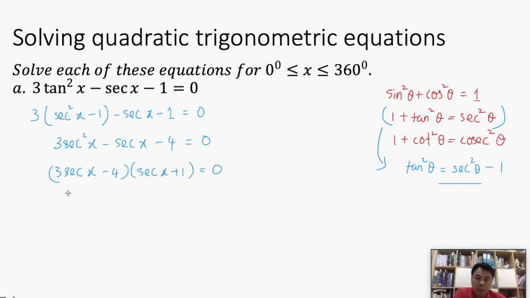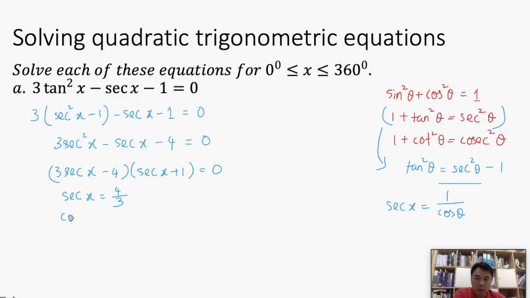So from here, I will have 2 solutions. The first solution is secant x equal to 4 over 3. Just to recap, secant is 1 over cos, so it's best to use cos instead.